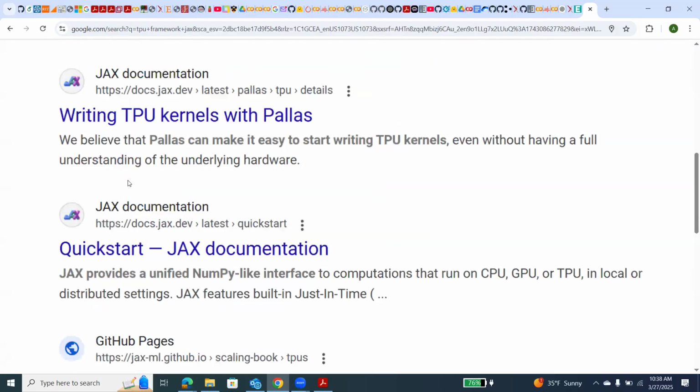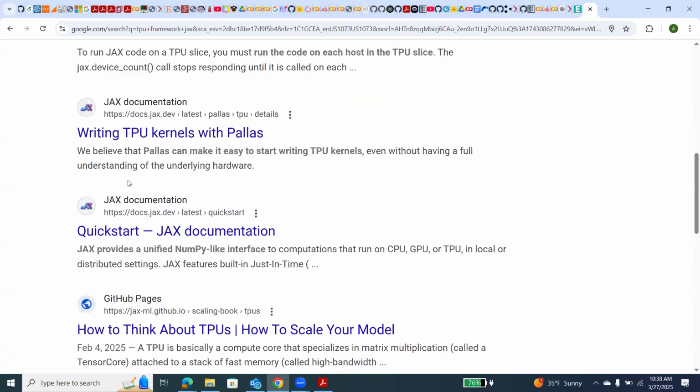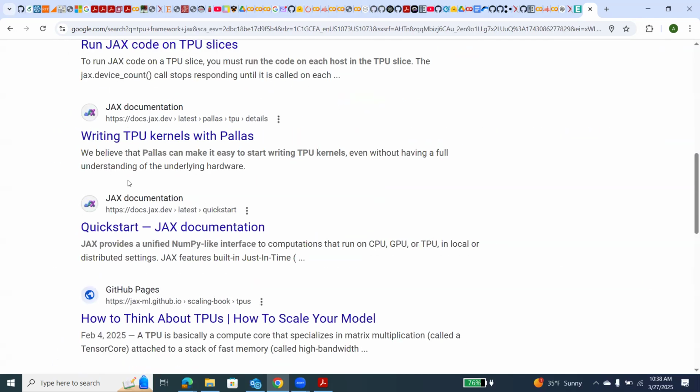So this is if you want to work with Google TPUs, and only Google has these processors because of what's called patent restrictions. They can't sell this, but they can run your code on their TPUs. So they work with the JAX language.